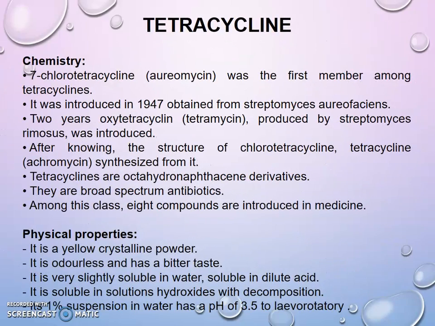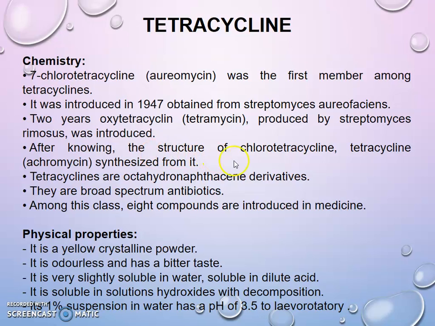Now next drug is tetracycline. Chemistry. 7-chloro-tetracycline or aureomycin was the first member amongst tetracyclines. It was introduced in 1947, obtained from Streptomyces aureofaciens. 2 years later, oxytetracycline, that means terramycin, produced by Streptomyces rimosus was introduced.